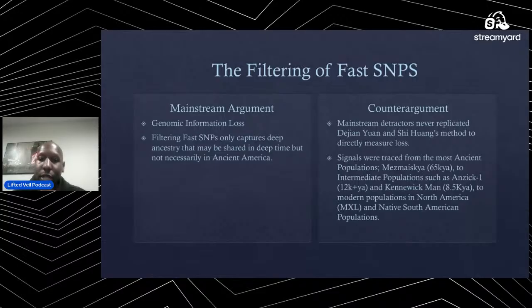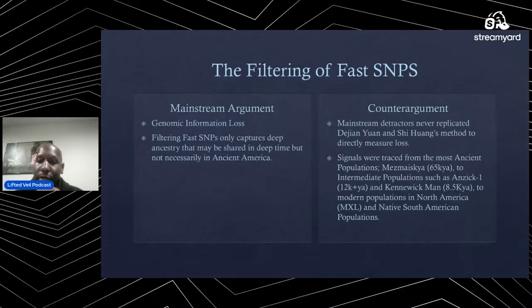But the next point is proven within the study itself. The next point is: filtering fast SNPs only captures deep ancestry that may be shared in deep time, but not necessarily in ancient America. The counter argument based on the genetic study is that signals were traced from the most ancient populations, which was, if I'm pronouncing this right, Mesmachia.